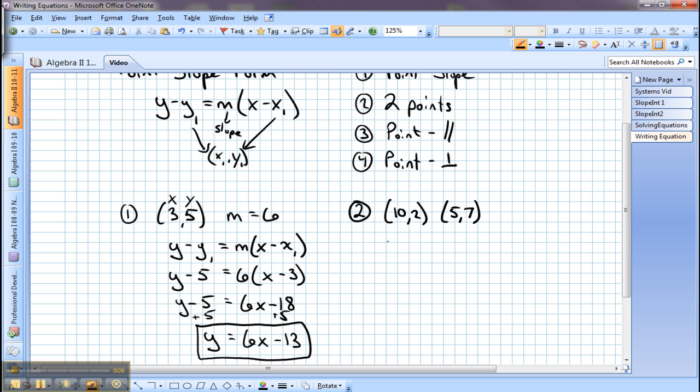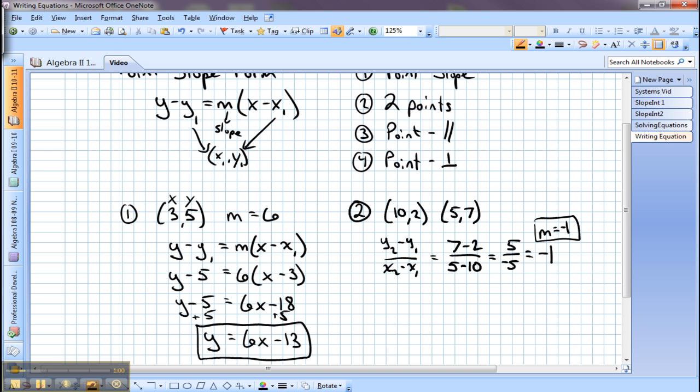So to find our slope, we are going to use the equation for slope, which is y2 minus y1 over x2 minus x1, or 7 minus 2 over 5 minus 10, which will give us 5 over negative 5, and that is equal to negative 1. So we know that our slope is negative 1.